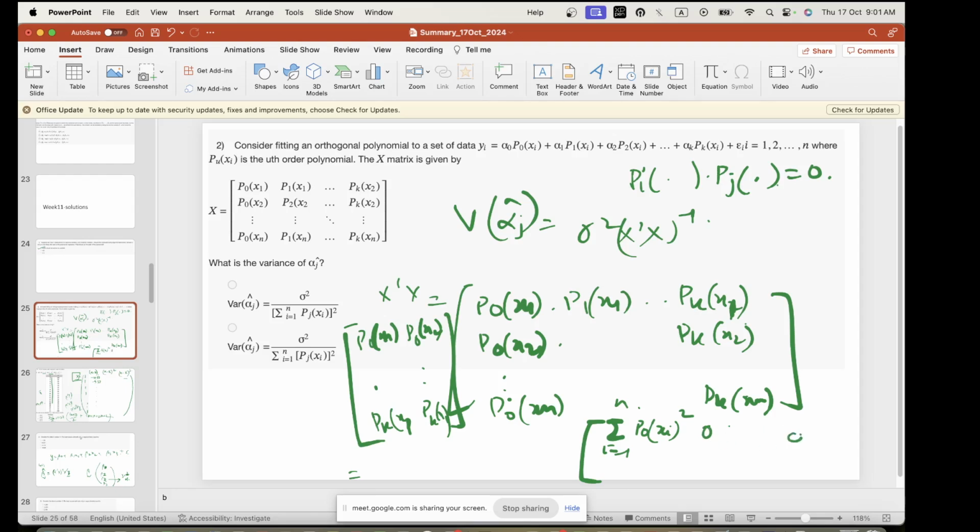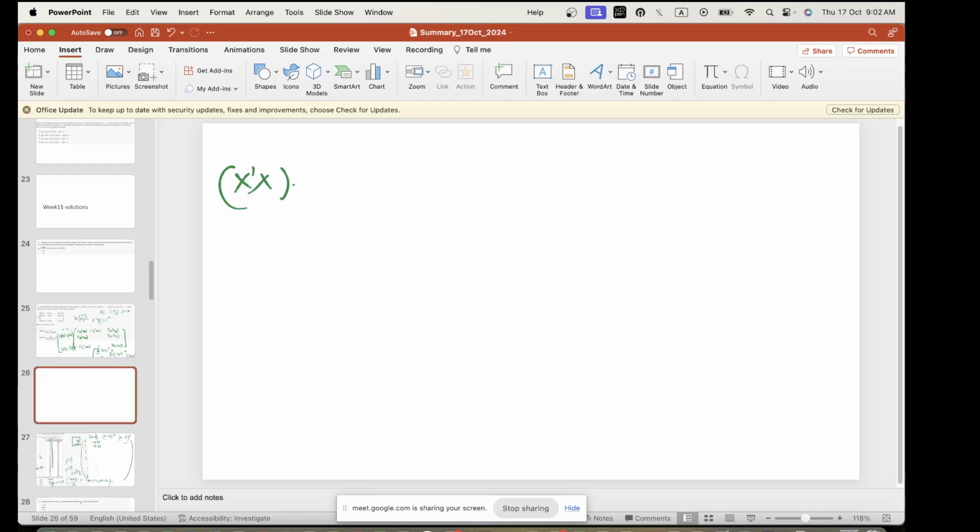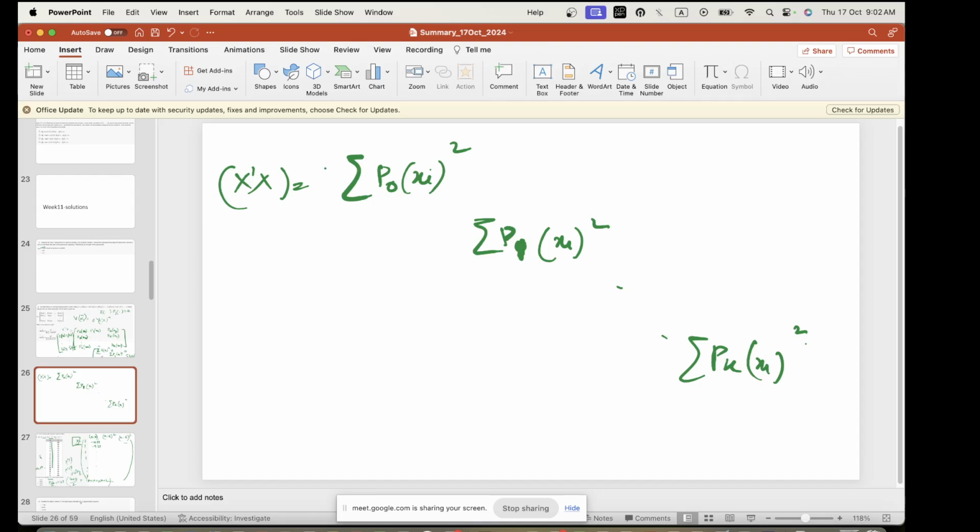So all off diagonal elements will be 0, and we would have p naught, then p1 xi square and then summation pk xi square. So X transpose X will be summation p naught xi square, summation p1 xi square, to summation pk xi square.